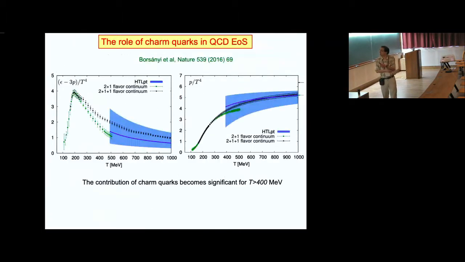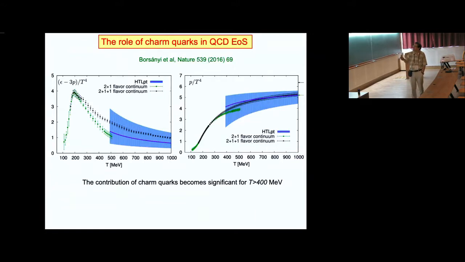Okay, so now I talked about temperatures as high as 2 GeV. Of course, if you really have that high a temperature, then using a 2+1 flavor calculation is not quite adequate, because at that scale you may worry about charm quark effects, and that has been studied in particular by the Wuppertal group. Here I show the contribution of the charm quark to different quantities.